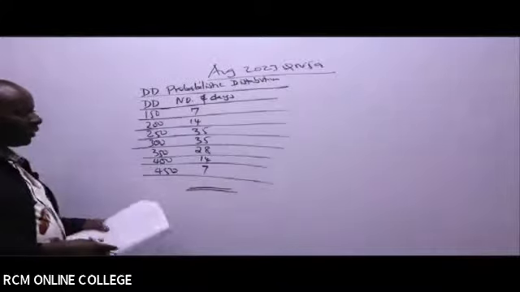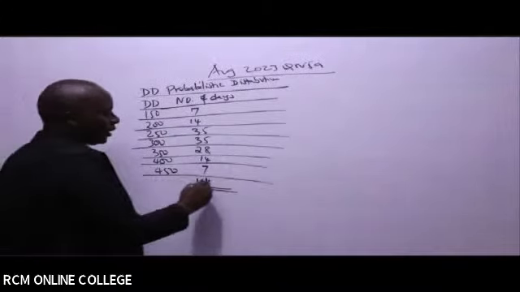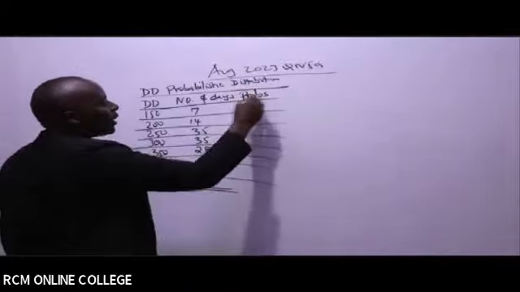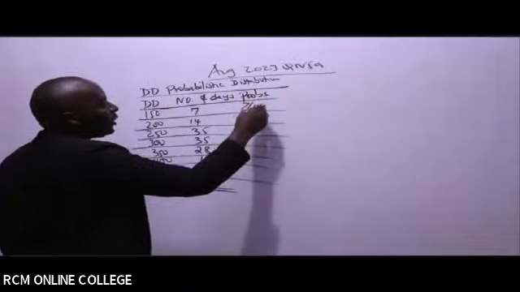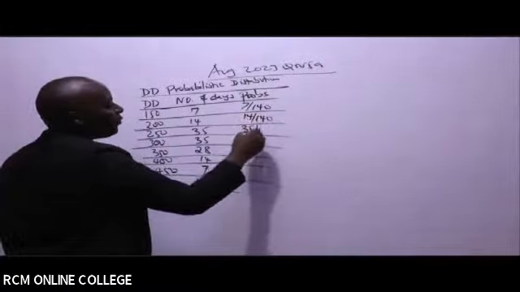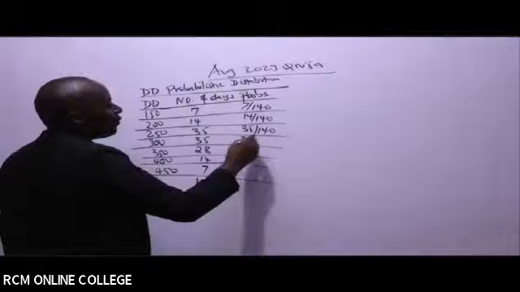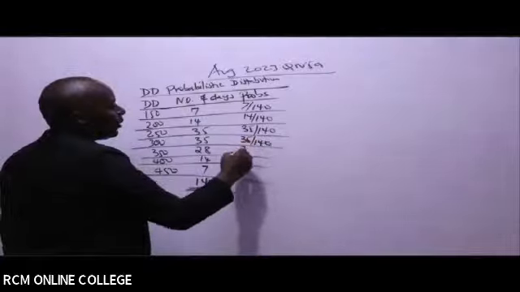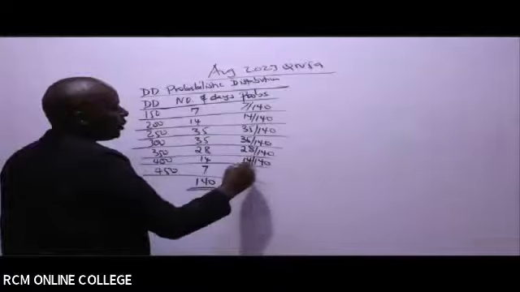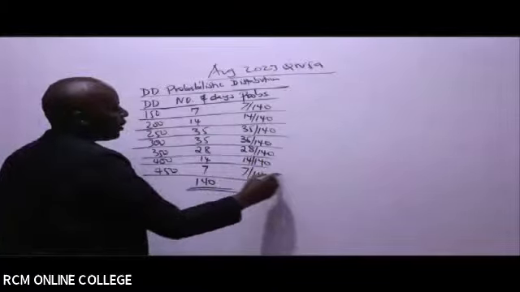So Margaret and Tony are giving me 140. Meaning the probabilities or frequencies are 7 over 140, 14 over 140, 35 over 140, 35 over 140, 28 over 140, 14 over 140, 7 over 140.